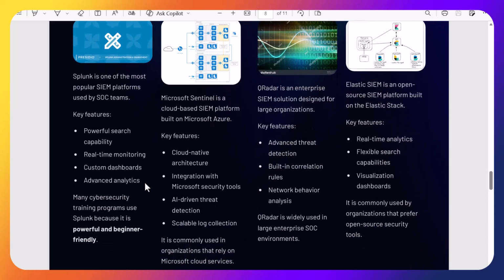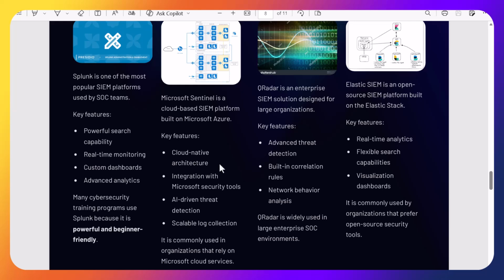Key features include powerful search capability, real-time monitoring, custom dashboards, and advanced analytics. A dashboard is a visual interface that displays security data in charts, graphs, and tables. Many cybersecurity training programs use Splunk because it is powerful yet relatively beginner friendly.